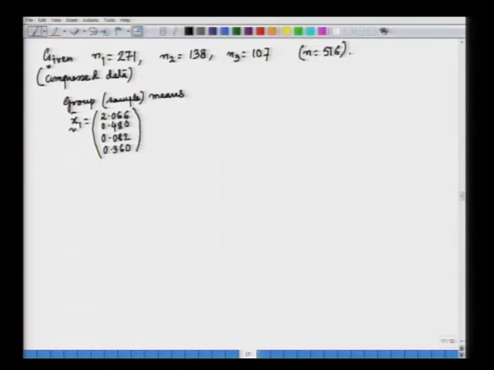So here, the first element 2.066 is the sample mean of the first cost, x1, in the first group, which is probably the private ones.